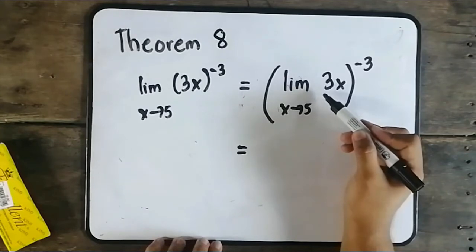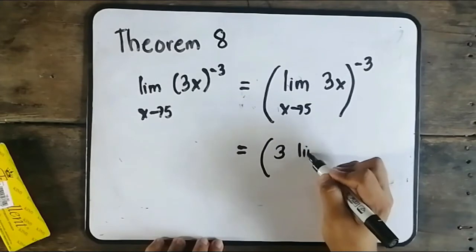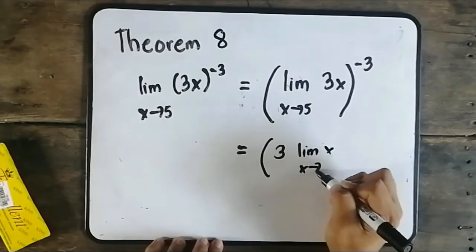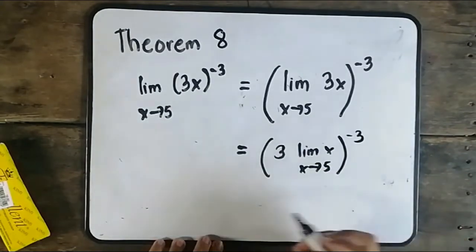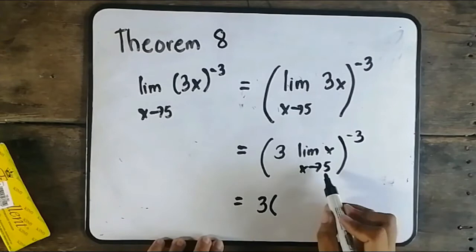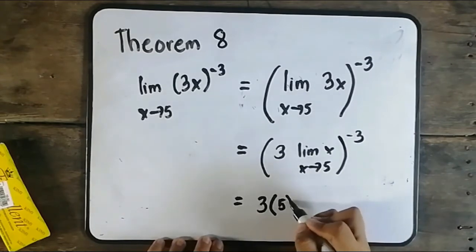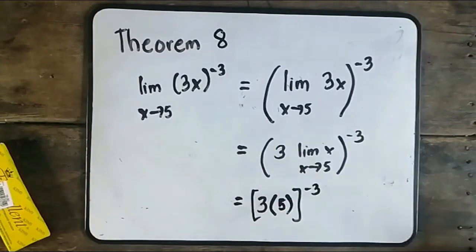So by Theorem 4, that is 3 times the limit of x as x approaches 5 raised to negative 3. Or we have 3 times 5 raised to negative 3. Okay?